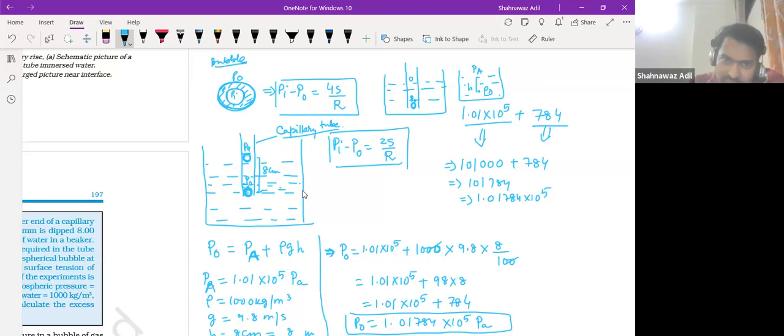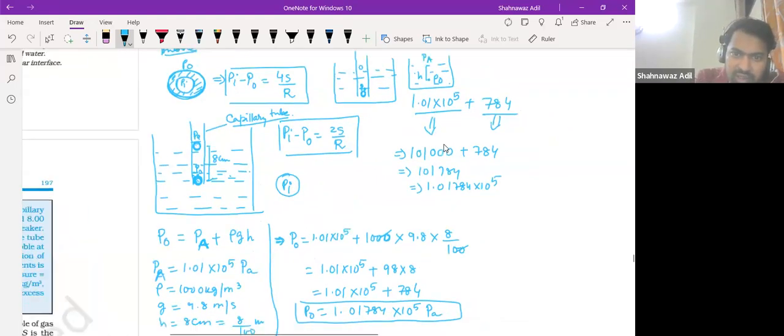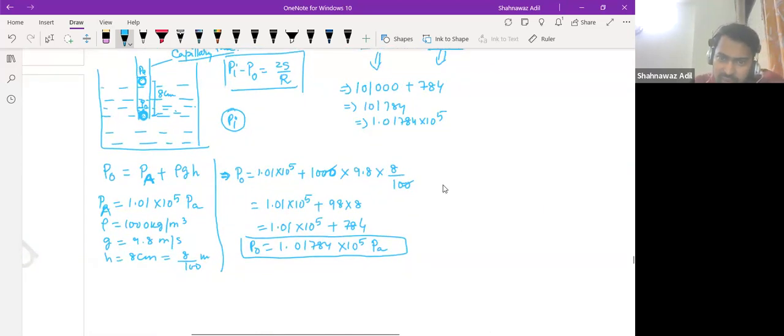Now I want to calculate the pressure inside this bubble. I want to calculate, right? So we know that what would be the excess pressure? We already know that excess pressure would be how much? Excess pressure, that would be Pi minus PO.